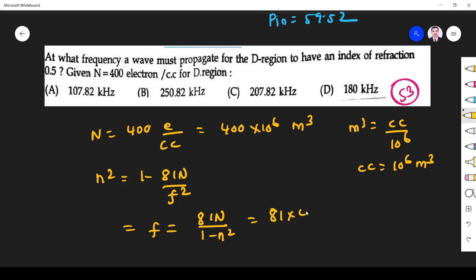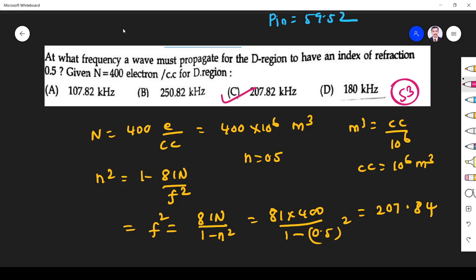So 81 into 400 divided by 1 minus n square, right? Here they have given n only, the refractive index 0.5, so n square is 0.5 square. If you simplify, what you get is f is 207.84. So the answer is option C.